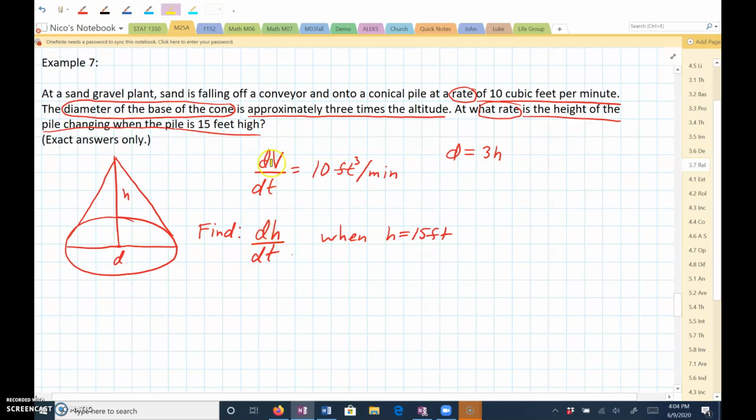Alright, now we've got volume and h. We need to come up with a formula that involves this cone and the variables V and h. So the volume of a cone would be 1/3 pi r squared times the height.